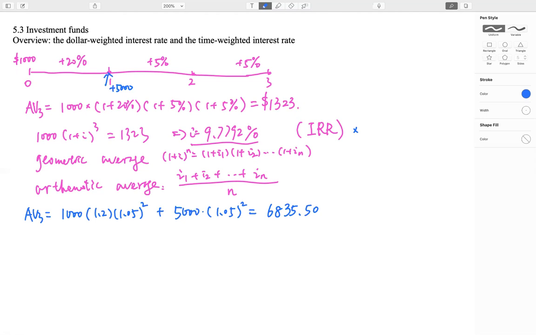We can't use 1,000, right? Because obviously, using 1,000 to get an imaginary rate is unrealistic, right? It does not give you a good idea of the performance of this particular fund, because this value is so much bigger than the original one, not because we have done anything different in the second fund, right? The reason why this value is so much bigger is because there is additional contribution.